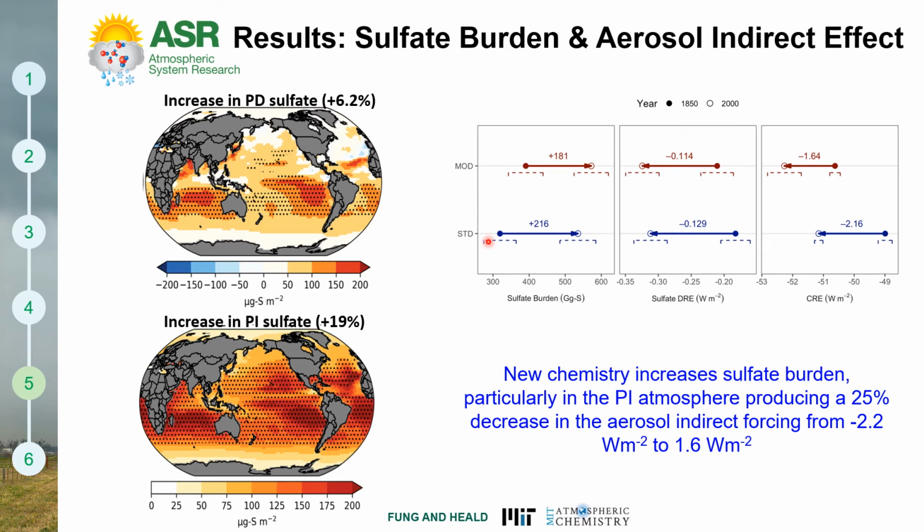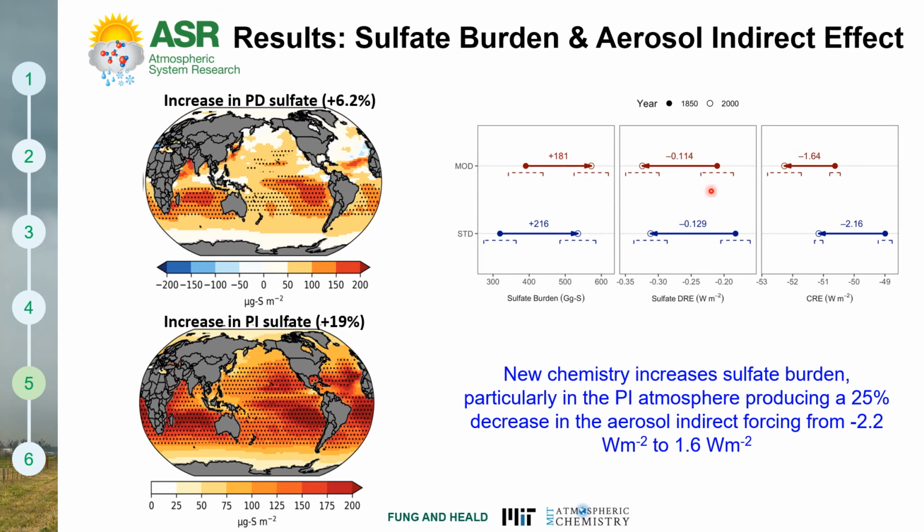If you compare that to our now modified chemistry, both of the endpoints increase, but the increase in the pre-industrial is larger, right? Our starting point is larger. And so we do have a more polluted, and I say that in quotes because of course this is natural aerosol, but let's say a more aerosol-laden pre-industrial in our modified simulation.